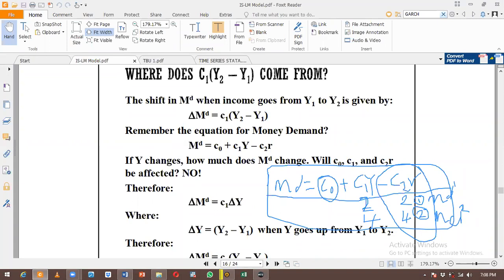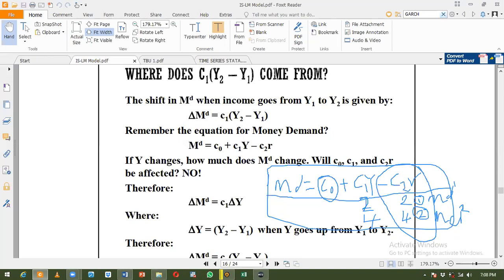I mean, when we say that money demand is more sensitive to interest rate, it means that it is interest elastic. When it is very sensitive, it is interest elastic. And when it is less sensitive, we say it's interest inelastic.